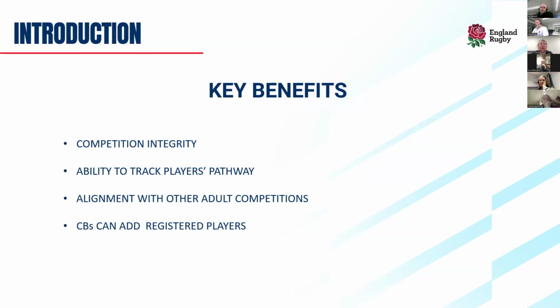Ian's going to walk us through that process in a minute. The aim of today is to walk you through the process from the very beginning: how you add a player to your county, then how you assign them to the squad, and then a brief bit on actually doing the electronic match cards themselves.